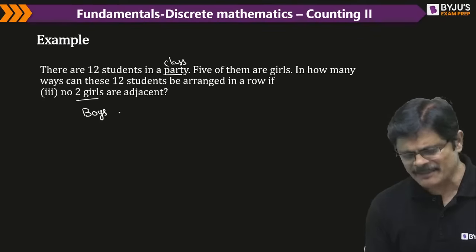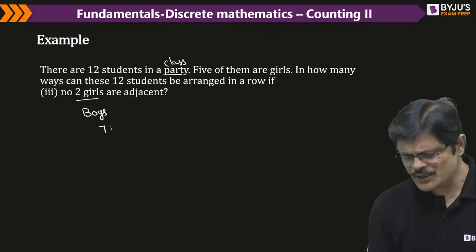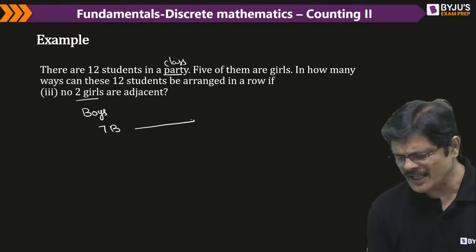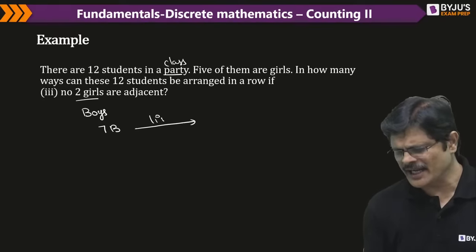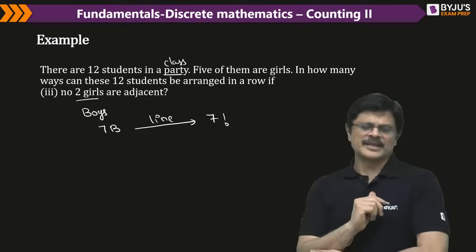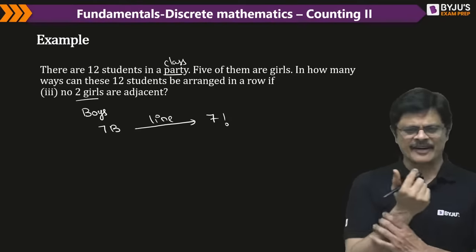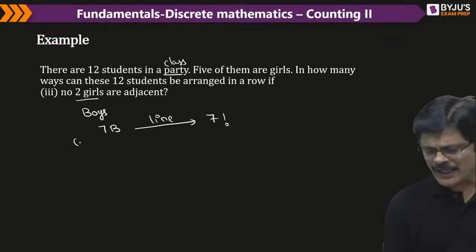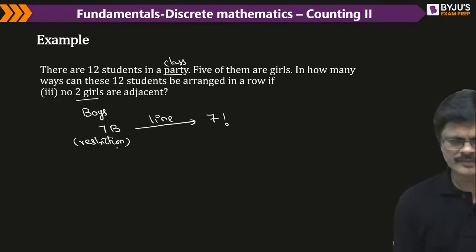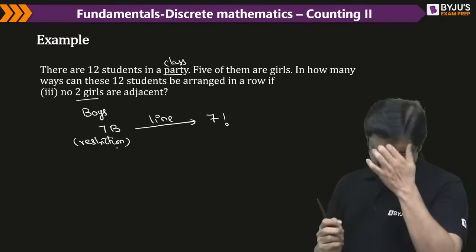So first arrange them. 7 boys, you arrange them because they do not have any restriction. Obviously in a line. So they can be arranged among themselves in 7 factorial ways, because they do not have any restriction.